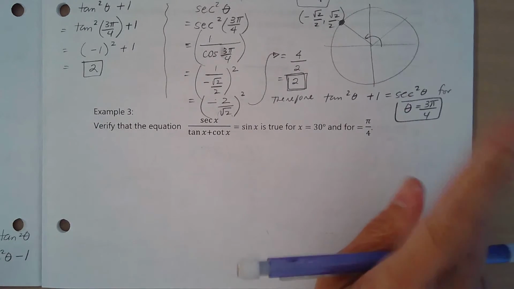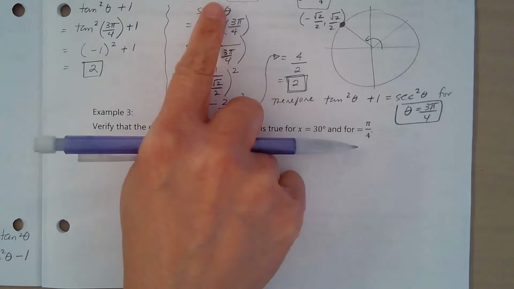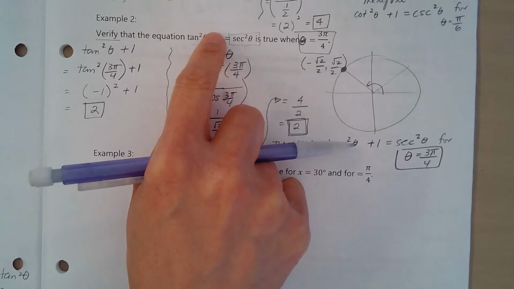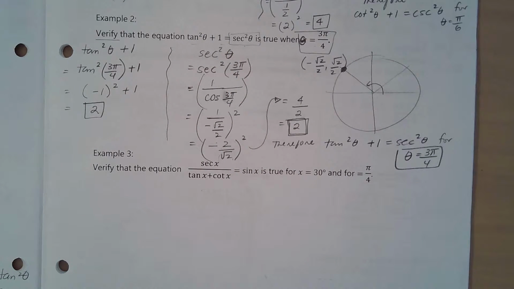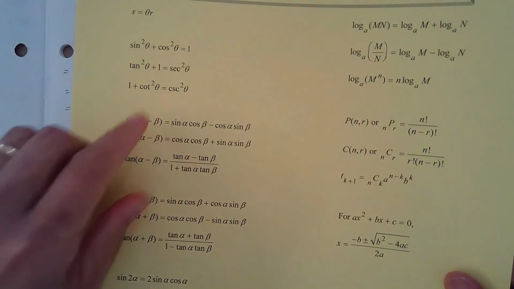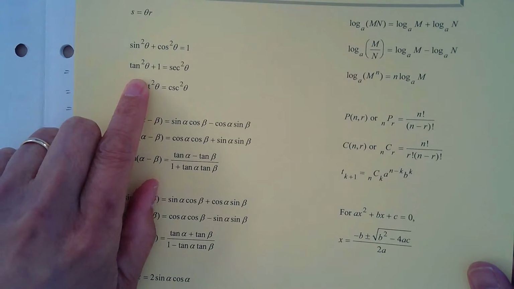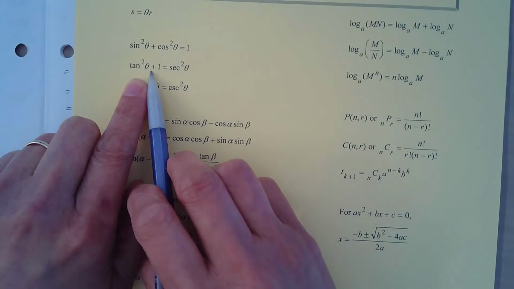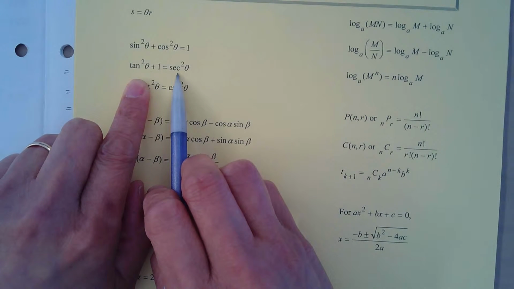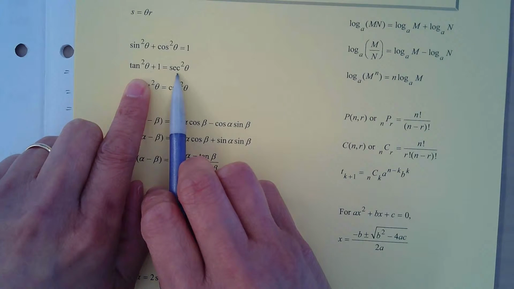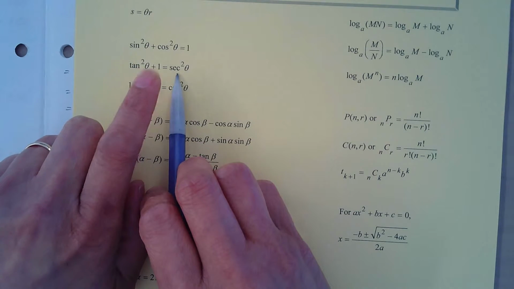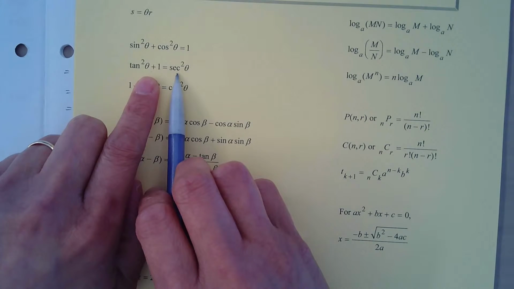Now, we already know this piece, right? That tan squared theta plus 1 is secant squared theta. So if we look at our identity sheet, this is true for all permissible values for theta.